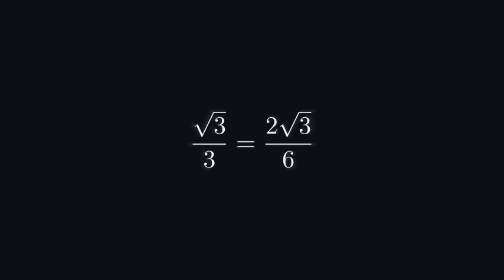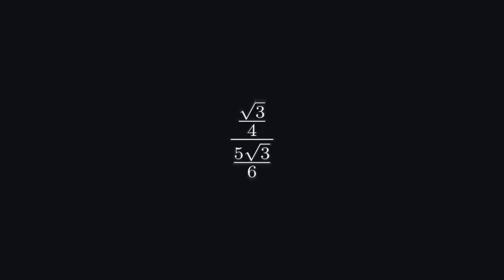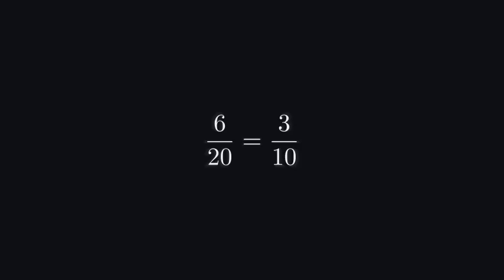The common denominator of 2 and 3 is 6, so we rewrite both fractions with denominator 6. Now the whole expression becomes a fraction with √3 over 4 on top and 5√3 over 6 on the bottom. The √3 cancels out. Finally, simplify 6 over 20 to 3 over 10.